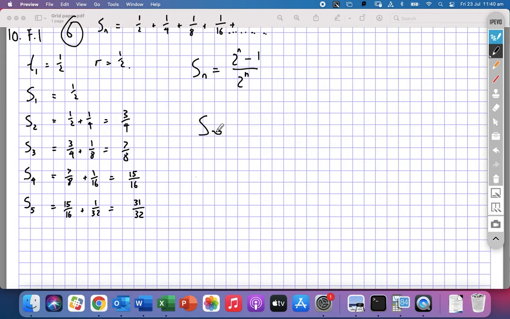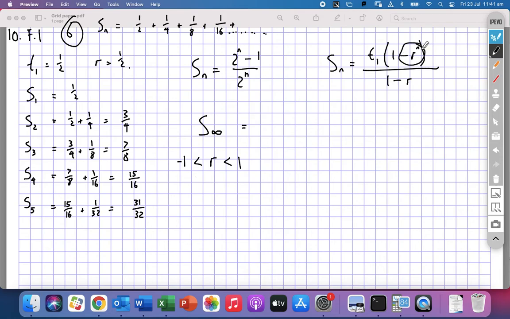It only applies for these fractional r values, and it's saying instead of doing t1 times 1 minus r to the n in the numerator, well, this is effectively going away.